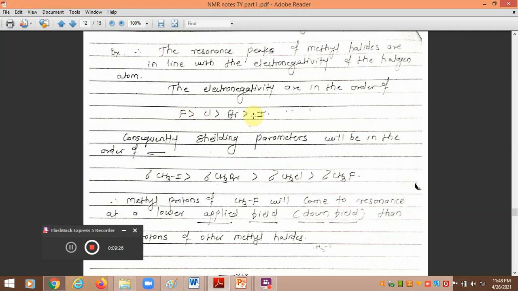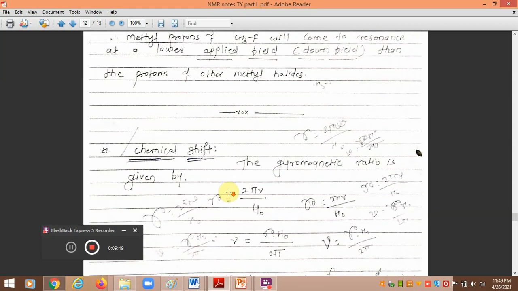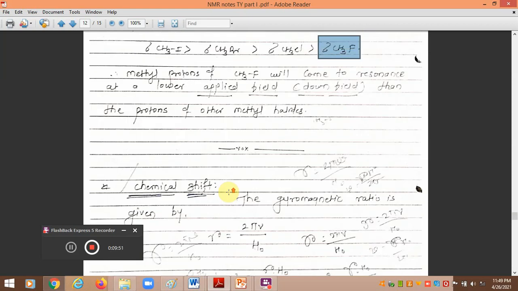Therefore the shielding constant for the protons in methyl iodide will be greater than for the protons in methyl fluoride. Therefore the methyl protons of CH3F will come to resonance at a lower applied magnetic field than the protons of other methyl halides. And the value at which they come to resonance is given by another well-known term known as the chemical shift.